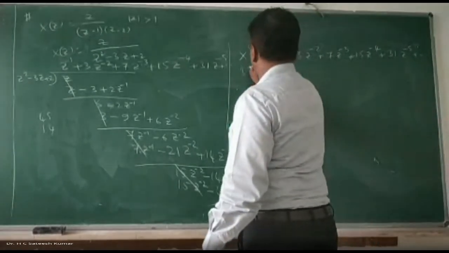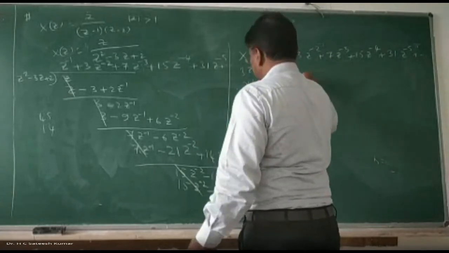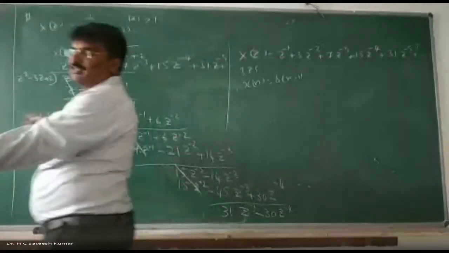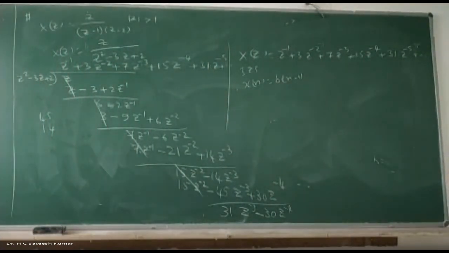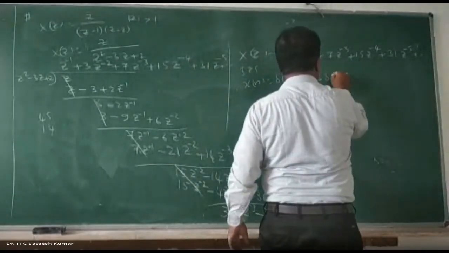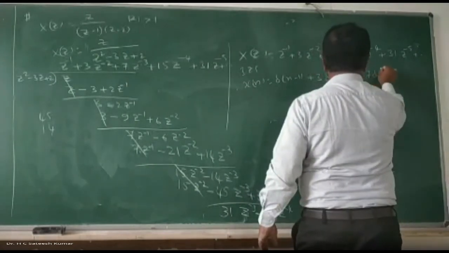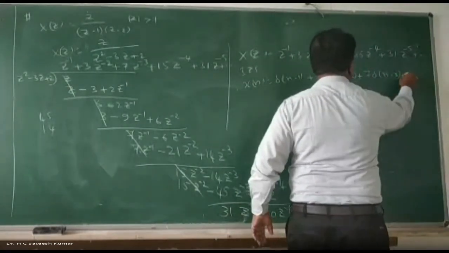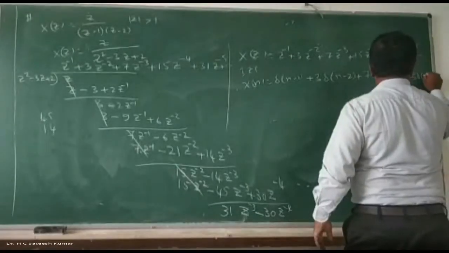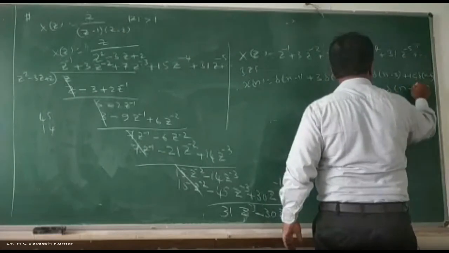Now you take the inverse Z transformation. X of n is equal to delta of n minus 1, next, 3 into delta of n minus 2, plus 7 into delta of n minus 3, plus 15 into delta of n minus 4, plus 31 into delta of n minus 5, plus so on.